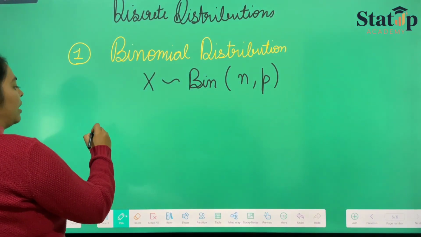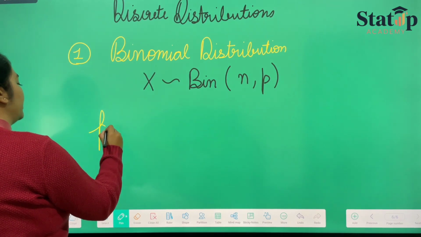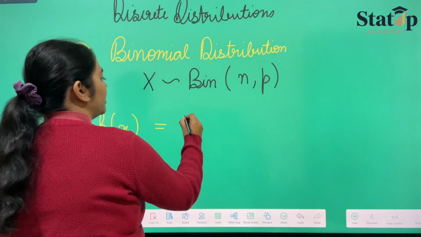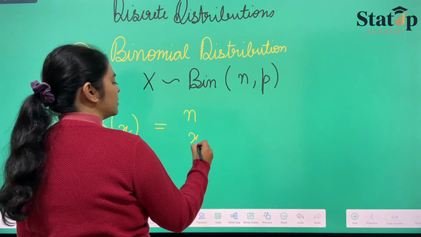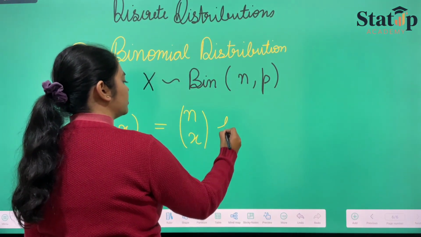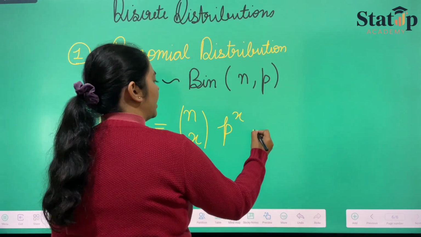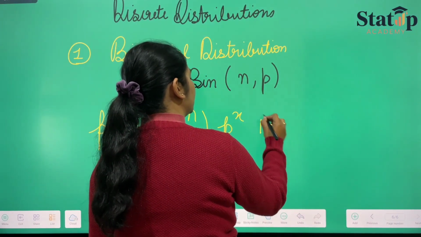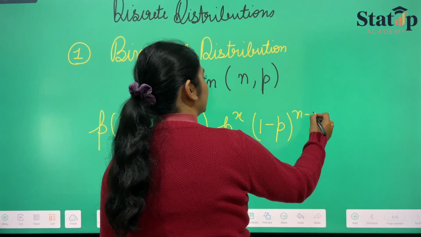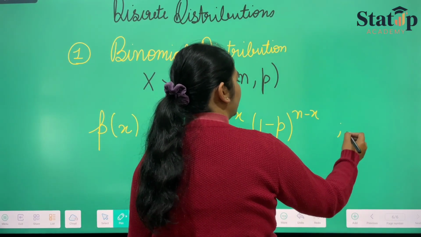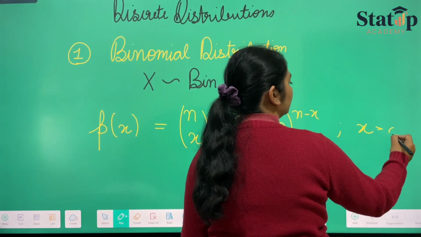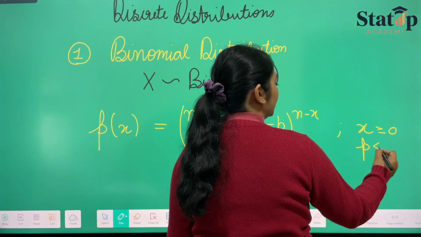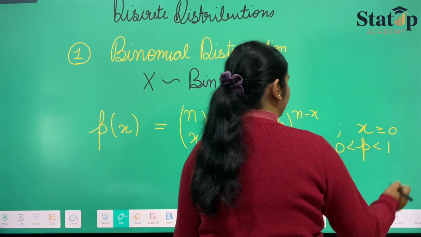So if we have to define the PMF of this x, then it will be nCx p raised to the power x into 1 minus p raised to the power n minus x, where x is greater than or equal to 0, and p lies between 0 and 1.